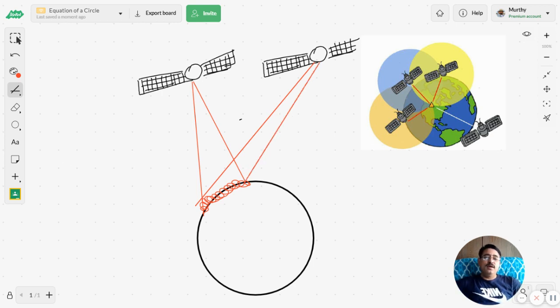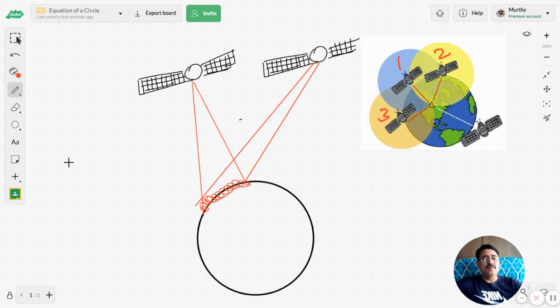I have taken only two, but you can see in the diagram, if there are three satellites, say this is the first satellite, second satellite, third satellite, and they are focusing, then all these three satellites compute and give you the exact position.